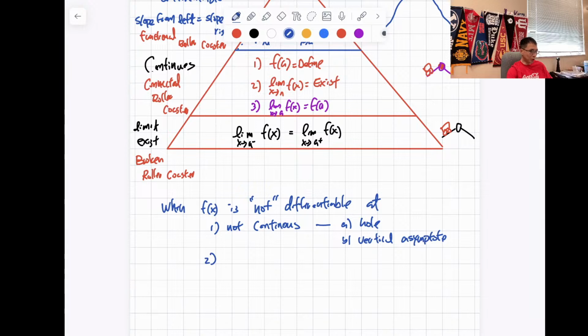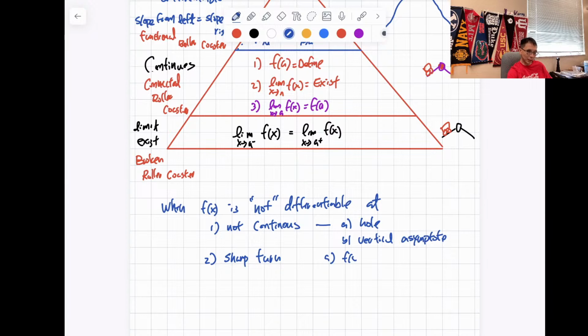The second situation, and it's not very mathematical to say this, is a sharp turn. So don't write that on an AP exam. The sharp turn could be, situation A is going to be f of x.